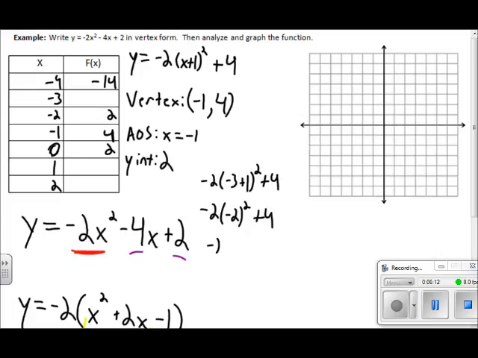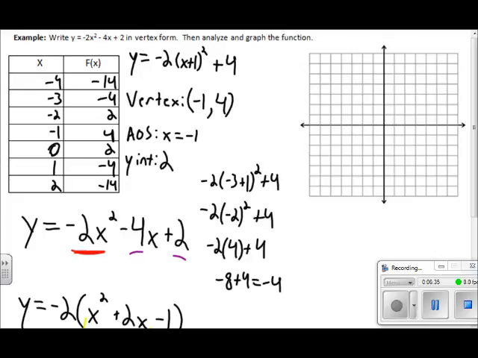Negative 2 squared is going to be 4. So negative 2 times 4 plus 4. Negative 2 times 4 is negative 8. Negative 8 plus 4 is going to be negative 4. And again, because we have that axis of symmetry, we can just use the same exact points for these ones.